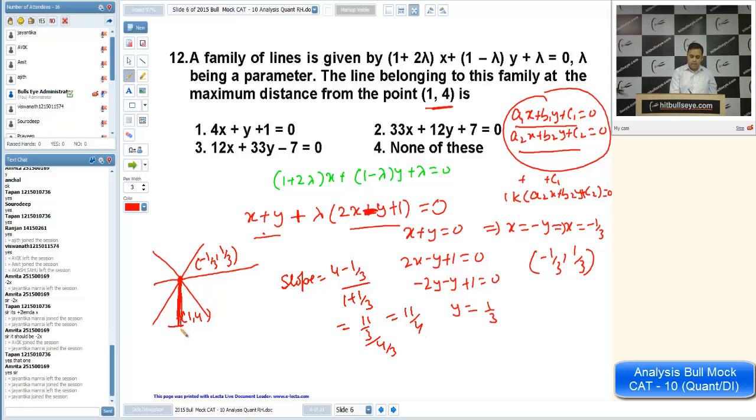So slope of this line is 11 by 4, and since our line is perpendicular to this line, so slope of our line will be equal to minus 4 by 11. Now I am having the slope of this line as well as the point through which this line is passing. So equation of line will be equal to y minus y1 equal to slope into x minus x1. Now solve this equation, you will get your answer.